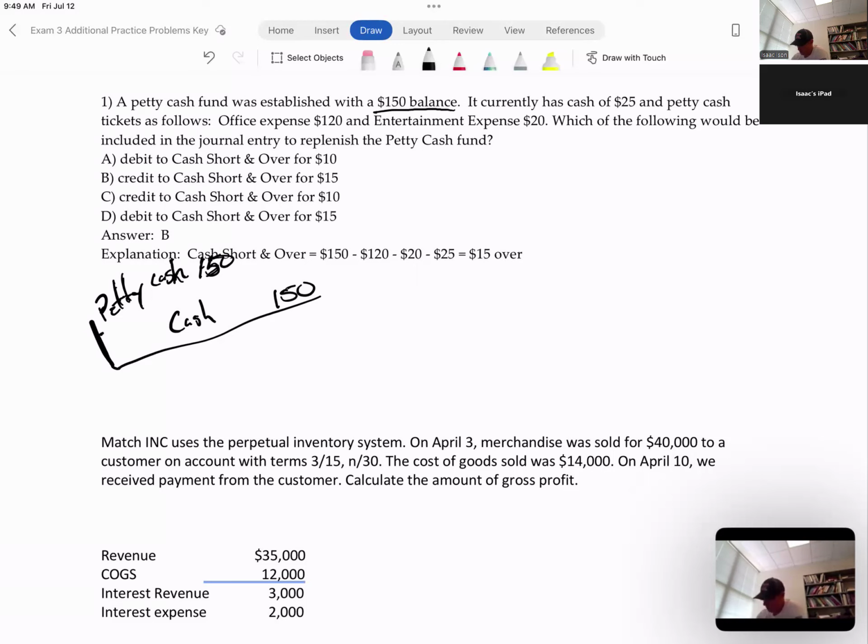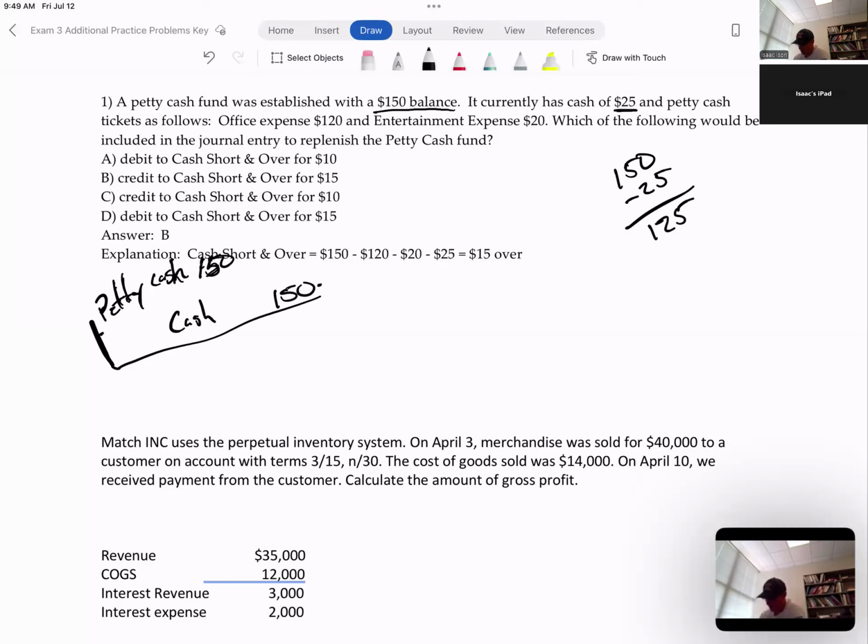The logic is this: this 150 is the balance we always want, and we currently have $25 of cash in the fund. So 150 minus 25 means you need to replenish the fund by 125.